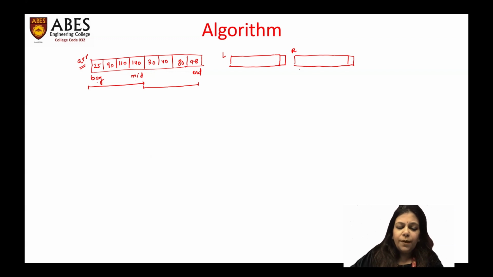So basically, we have taken two arrays with size n by 2 plus 1.